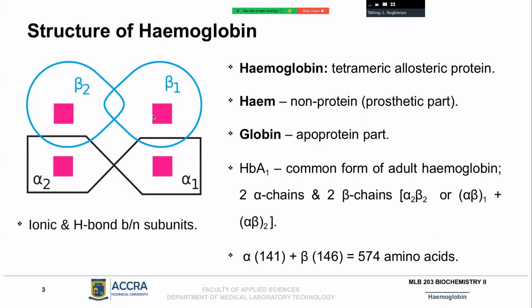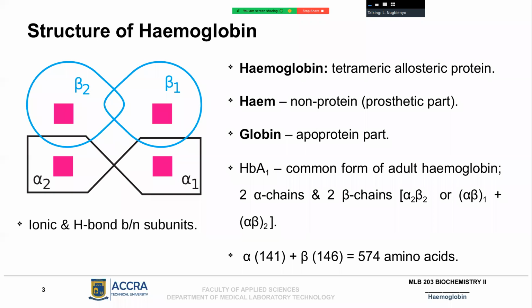prosthetic part. Again, you studied enzymes and you learned that the protein part of enzymes is what is referred to as the apoprotein, and the prosthetic part is the non-protein part, which can be some organic compound acting as a coenzyme, or some inorganic metal ion acting as a cofactor.